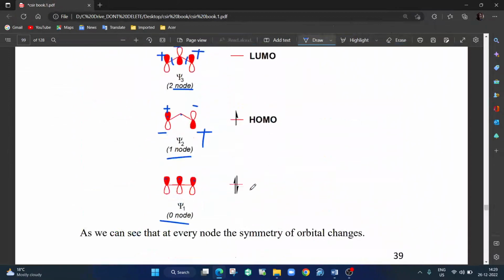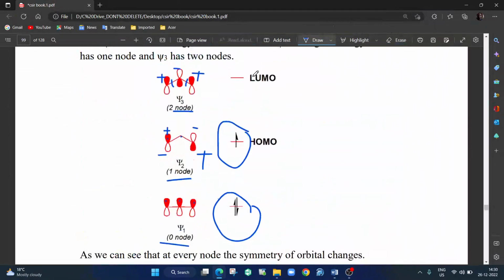So 2 electrons come in psi 1, 1 electron comes in psi 2, and no electrons in psi 3. So this is HOMO, highest occupied molecular orbital. This is an occupied molecular orbital, this is also an occupied molecular orbital, but this has higher energy, so it is highest, and this is lowest unoccupied molecular orbital.